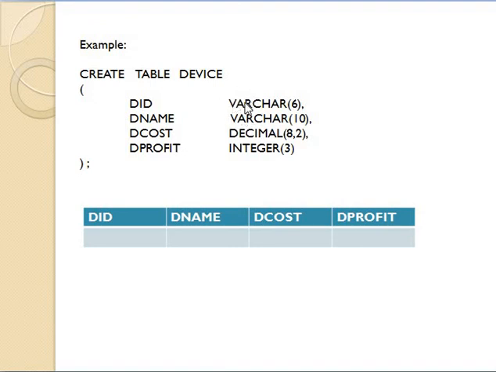And for the varchar data type, that is for the column did with varchar 6 and the column dname with varchar 10 of the table device, since their data type is varchar, which is non-numeric in nature, their values should be enclosed within quotations.